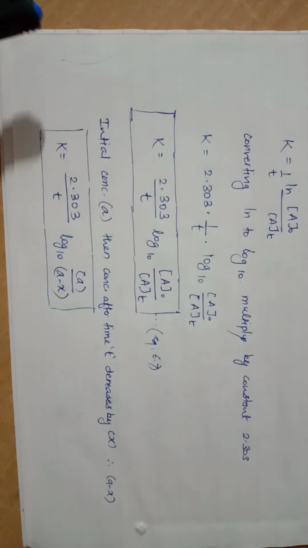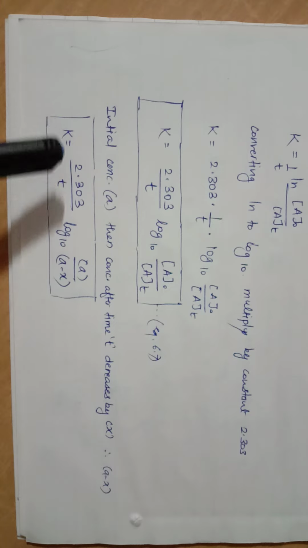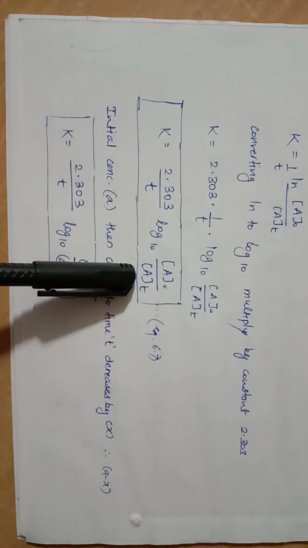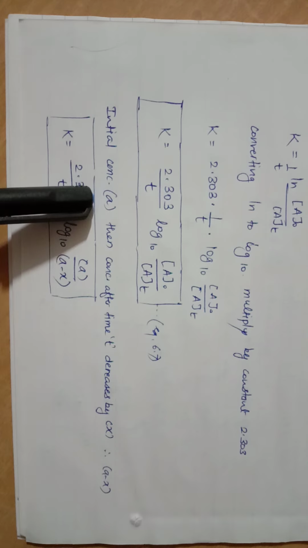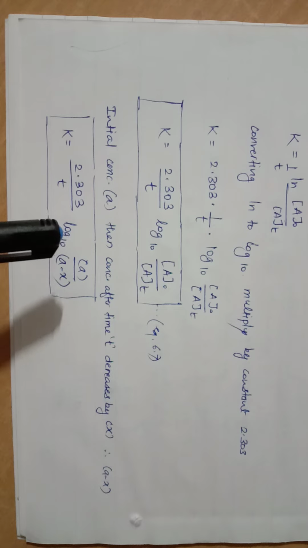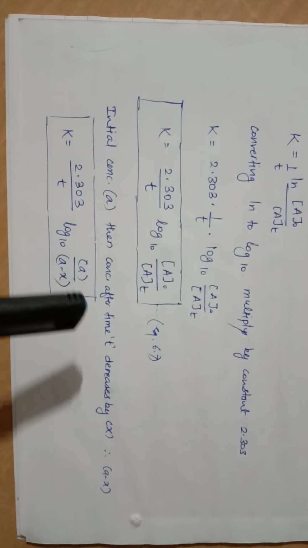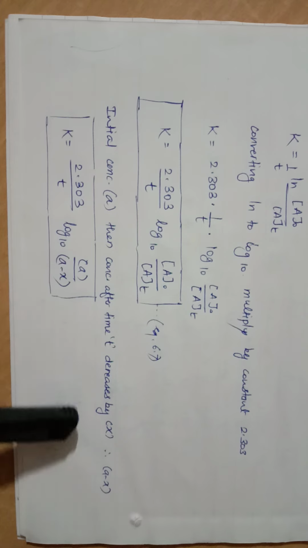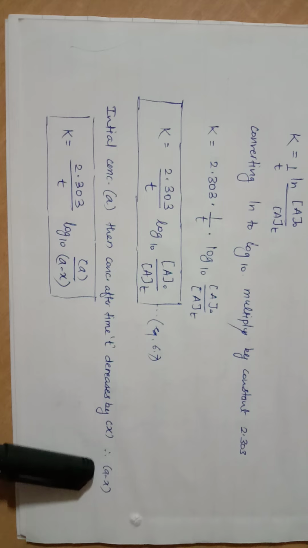Now next, if our reaction condition is in liquid state, okay, then you can write A_0 and A_t in different terms. So the initial concentration of that reactant is considered as a, and after doing the reaction for time t, if the concentration of reactant decreases by x, then you can write that at time t the concentration of A decreases and you can say it is a minus x, right? a minus x will be the concentration at time t.